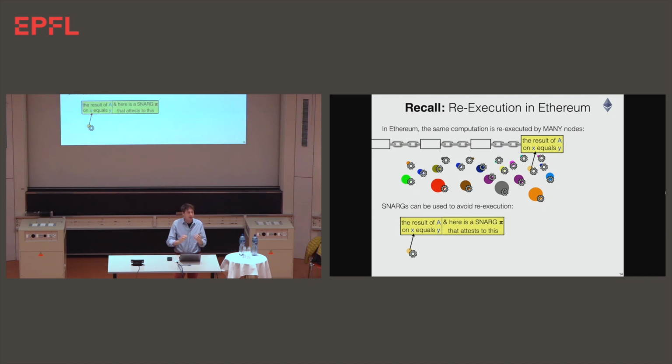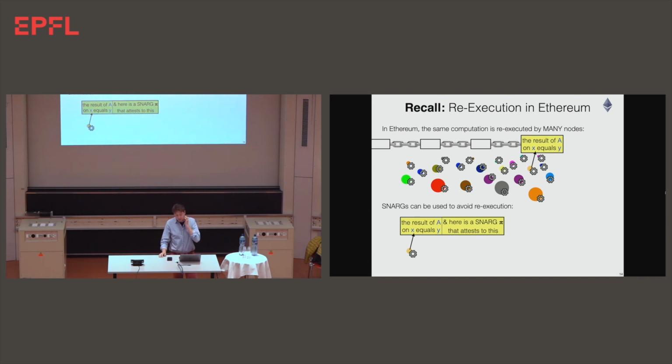Just attach a SNARK to that computational claim, right? So the node claims the result of A on X equals Y. Here is a SNARK that attests to this computational claim, so that all the other nodes, rather than rerunning the computation, are merely tasked with running the SNARK's verifier, which is going to be much cheaper than the original computation.